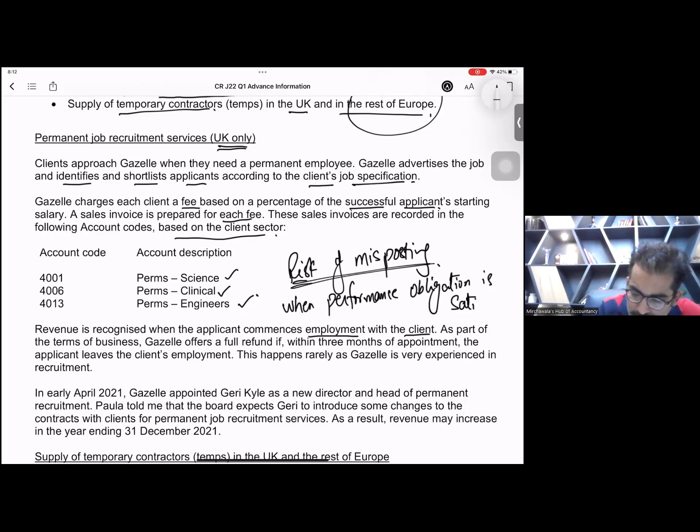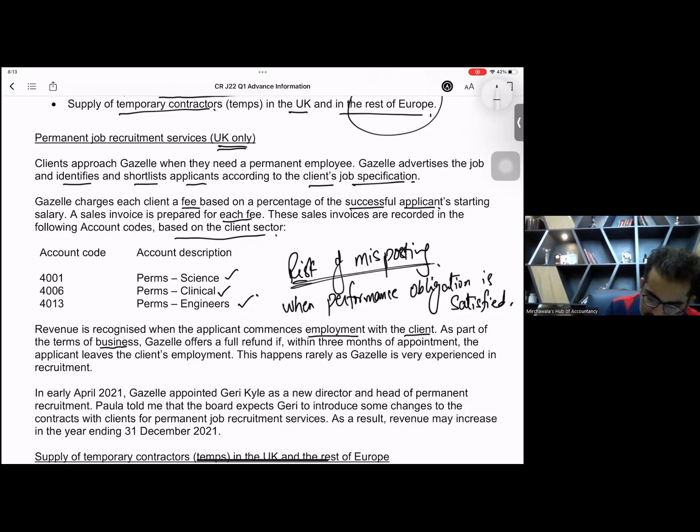Okay. So this is the key. Sometimes performance obligation is satisfied in one shot, and sometimes you book overtime revenue because that obligation is satisfied over time. That's the key.